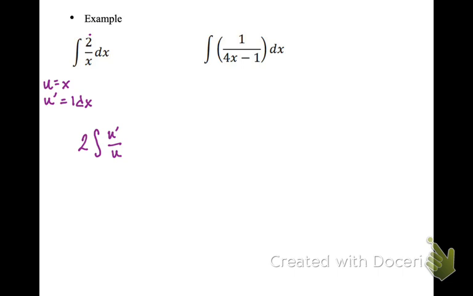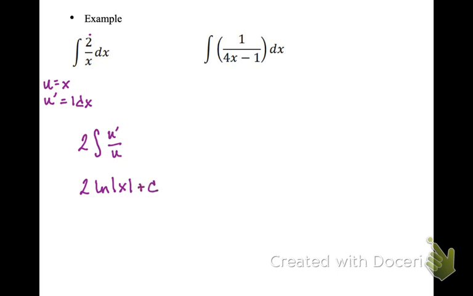Because u prime is du, correct? So if I have u prime over u, then what integration rule do I use? The one you just gave us. So it's going to be 2 times the natural log of the absolute value of u, which is x, plus c.